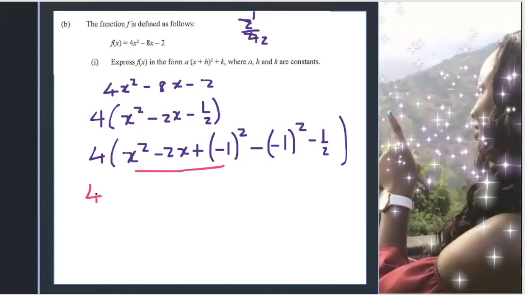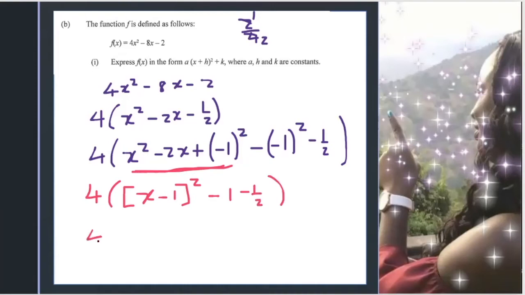So I'm going to have 4 open brackets, put a square bracket, and the part that I have underlined will become x minus 1 all squared. Now if we expand this, it will give us the above. Then we have minus negative 1 squared, that's 1, minus a half.